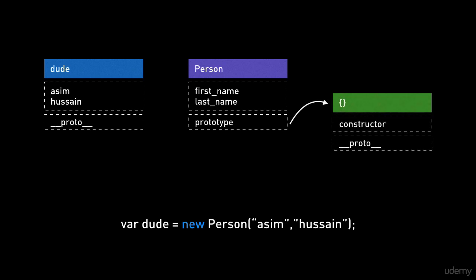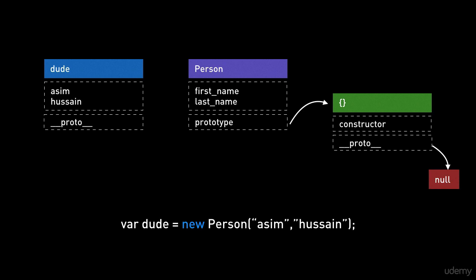This object has a constructor property which actually points to person itself. But also, because it's an object, it again has its own __proto__ property. And just like all other objects in JavaScript, that points to another object and another object until eventually it ends up pointing to null.